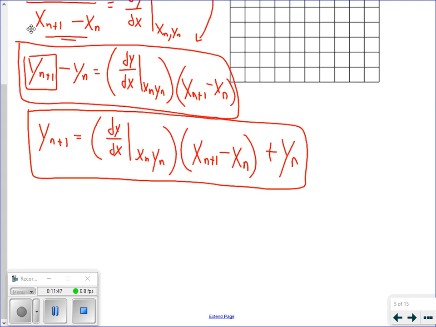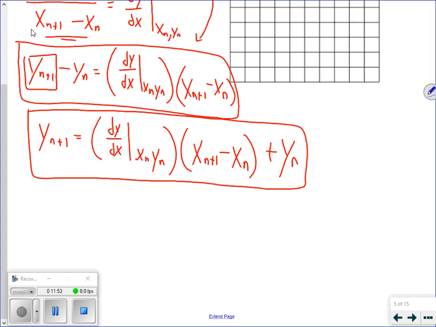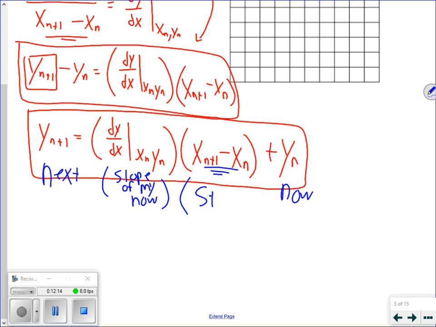A way that I always like to write it to help students out: I have a current y value, so this is my now. If I want to know my next, I'm going to take the slope of my now and multiply it by my change in x, my delta x, or my step.